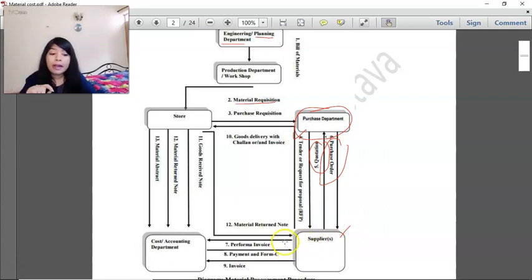Then the supplier will issue a proforma invoice, or you can say a bill, of all those materials that will be supplied, mentioned in this invoice. The payment will be done by the accounting department, and some kind of receipt will also be issued to the supplier.